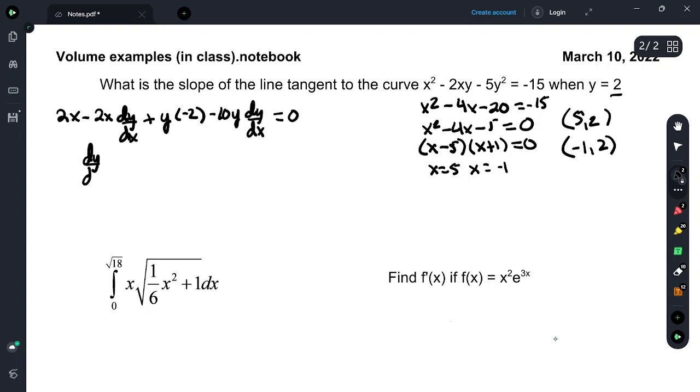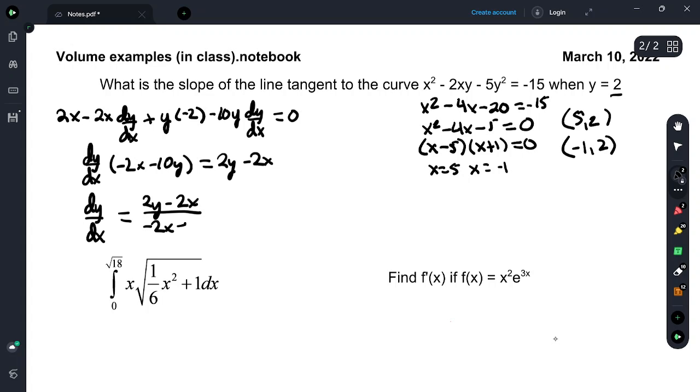Let's factor out a dy/dx, and we get negative 2x minus 10y, and get everything to the other side, the other two things. So 2y minus 2x. So dy/dx is equal to 2y minus 2x over negative 2x minus 10y.